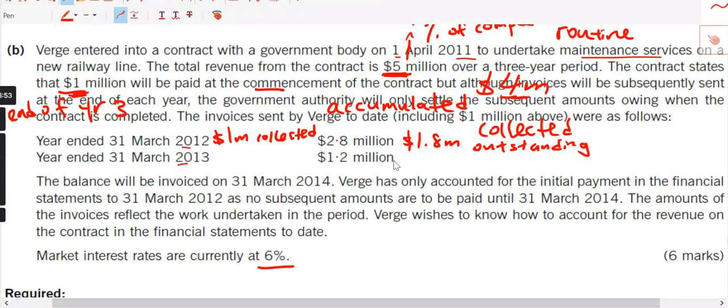Then the second year, we send invoice again, 1.2 million only, and this is also outstanding. Because the balance will be settled only 3 years later, right? So whatever invoices that we send out, more than that $1 million that we have collected, it will be outstanding. So these outstanding balances, we have to calculate the present value discounting because the collection will be in the long future.